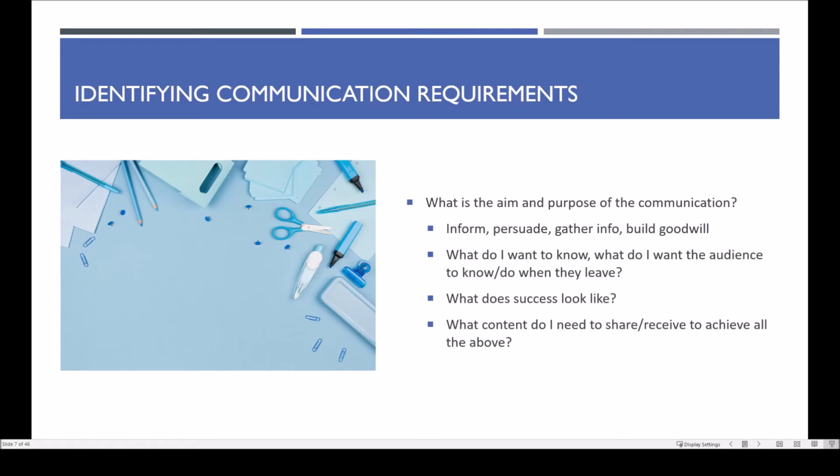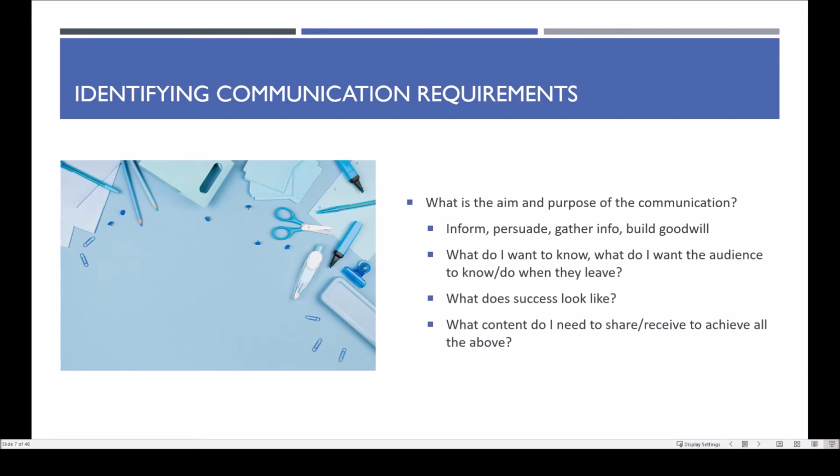We might want to test the market on ideas. Other times we just communicate to build relationships, goodwill, build our reputation, or establish or strengthen our relationship with somebody. And most often these things are a mix of these four things. They're not one or the other, but a combination of many of these things.